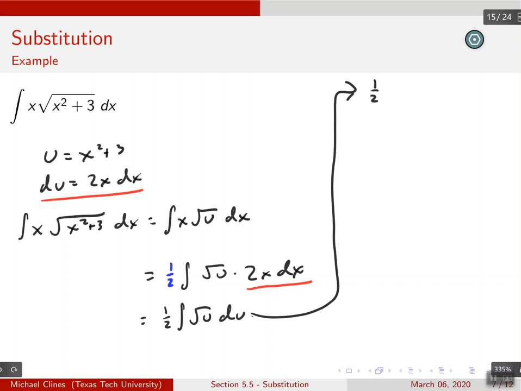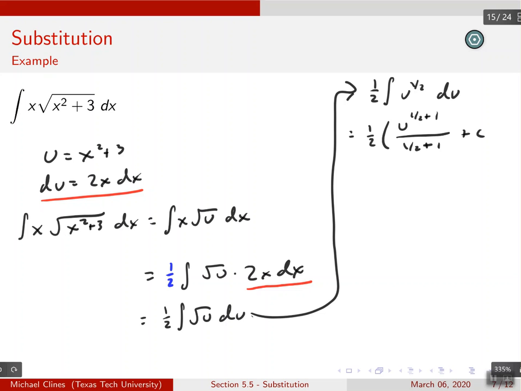So we get 1/2 times the integral of u to the 1/2 du. So we have the integral of a variable to a power, and we're integrating with respect to that variable. It's just the power rule now. So it's equal to 1/2 times the power rule is add 1 to the exponent and divide by the new exponent.